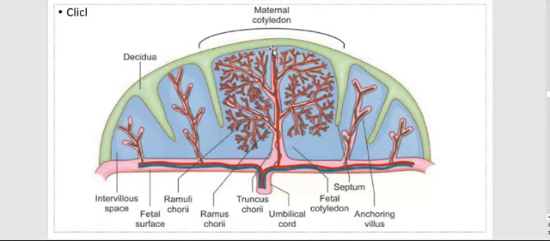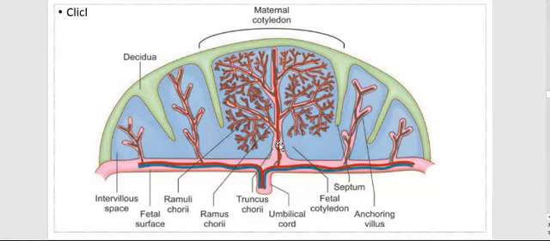All right, let me first show how these are branching. This is a chorionic villus now with its ramifications being formed. This is now a fully mature chorionic villus.